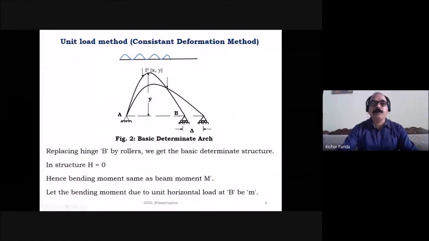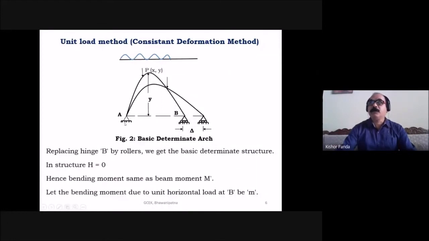It becomes a determinate structure, because for a determinate structure there are 3 unknown forces and 3 static equilibrium equations, and then you can easily find them. Here this side is hinged, so there are 2 forces, one vertical and one horizontal, and this is a roller support, meaning only a vertical force and no horizontal force. So this becomes the determinate structure.